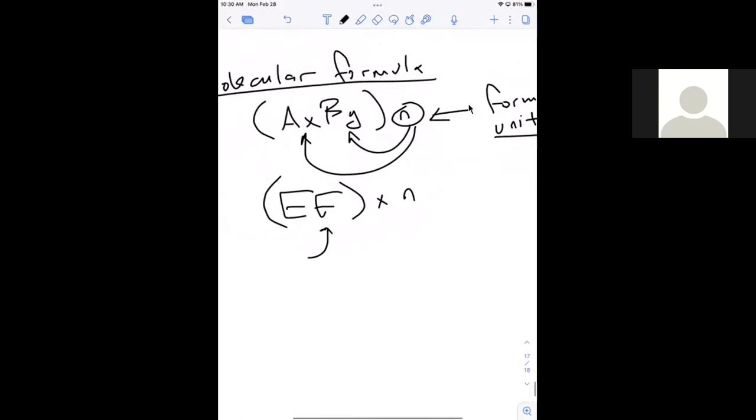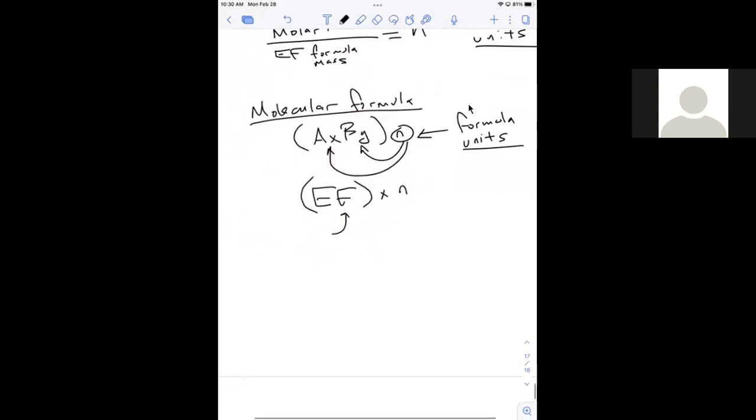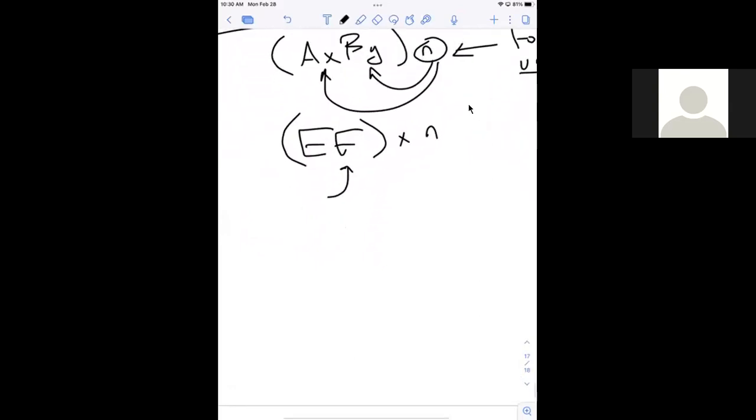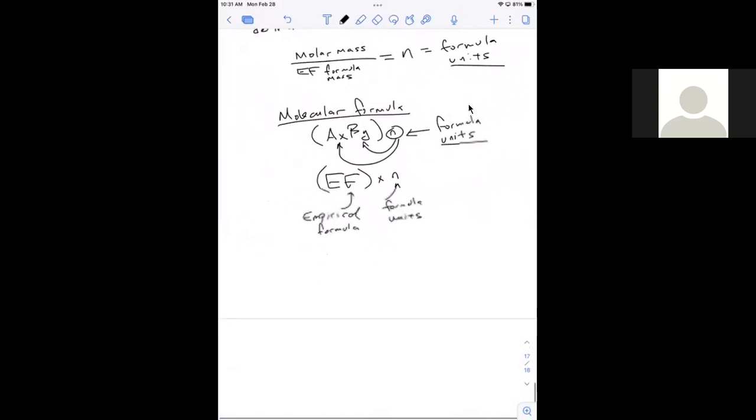That's the basic calculation to get the molecular formula. It's the empirical formula times the number of formula units. And that's going to get us to the molecular formula. All right, so the best way to do this is just to do it.